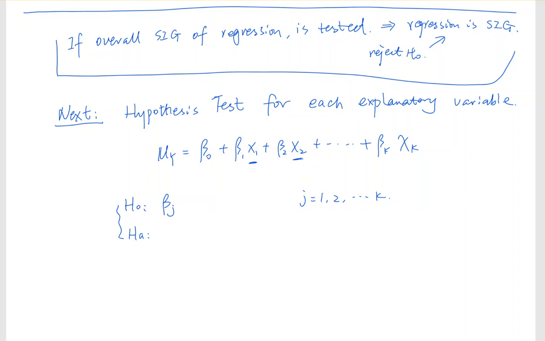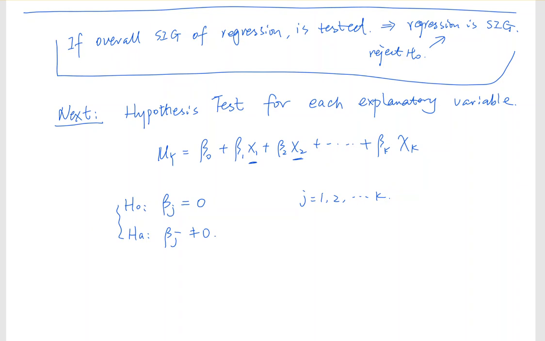That means you can test beta 1, beta 2, all through beta k. So you can test beta j equals 0 or beta j not equal to 0.